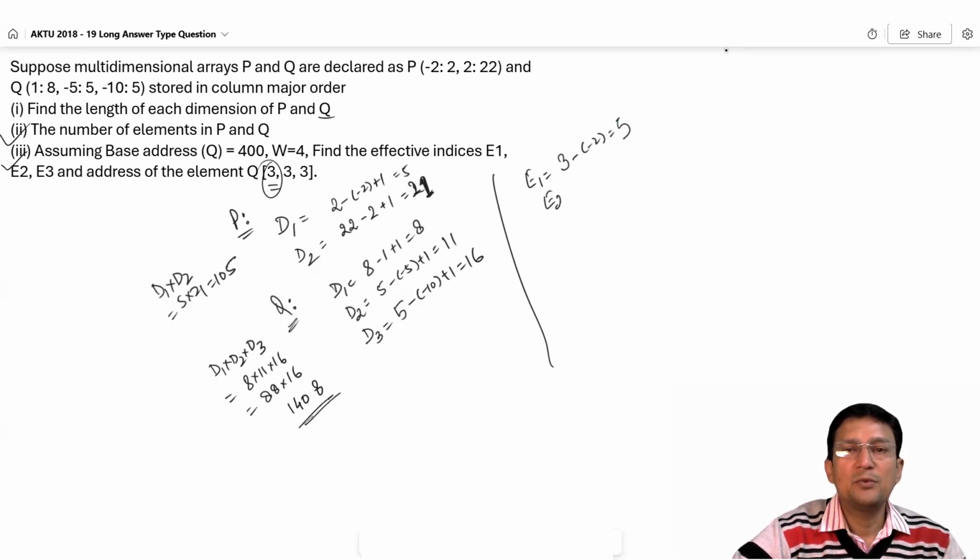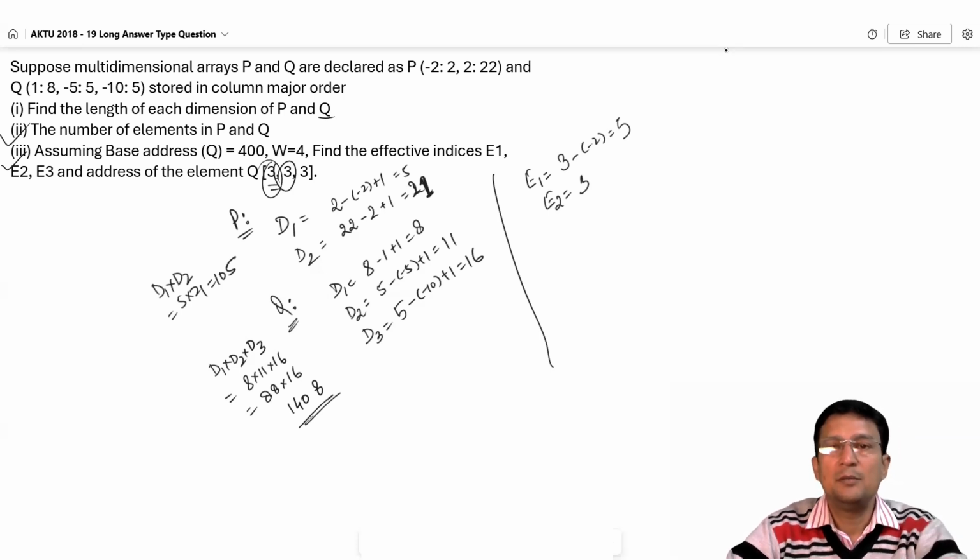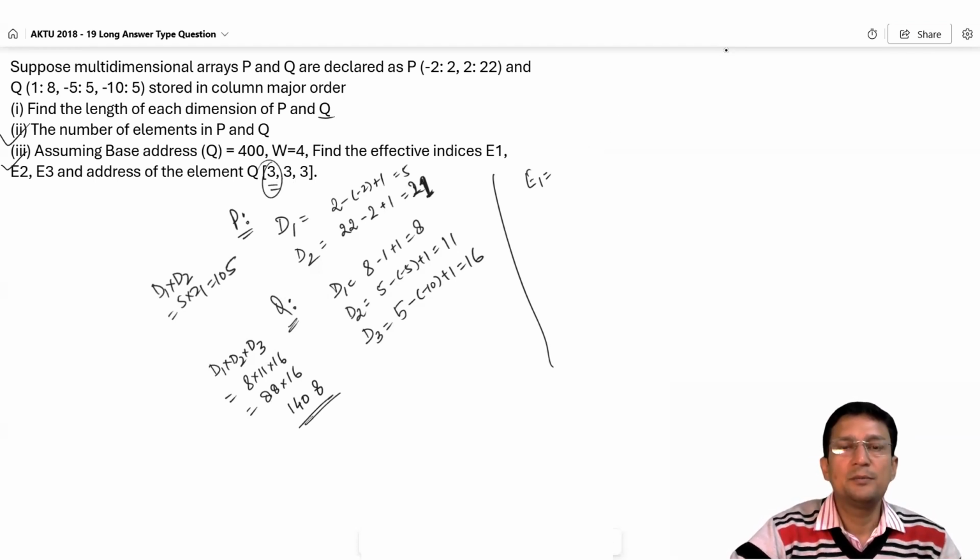Then effective index 2 will be equals to, once again this is 3. So 3 minus second lower bound. So effective index E1 will be equals to 3 minus the lower bound is 1 and this will be equals to 2.